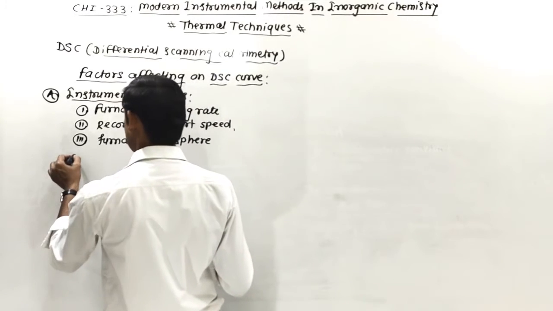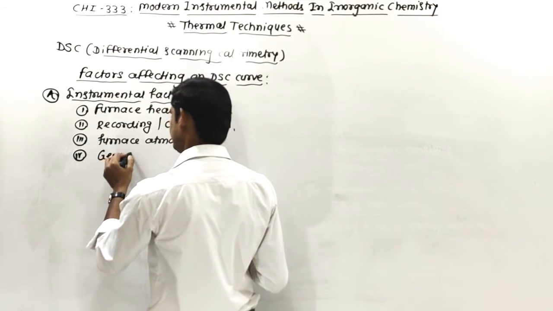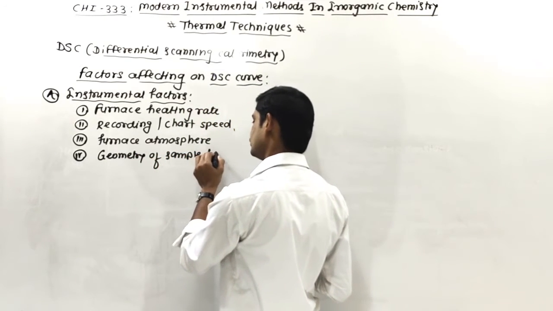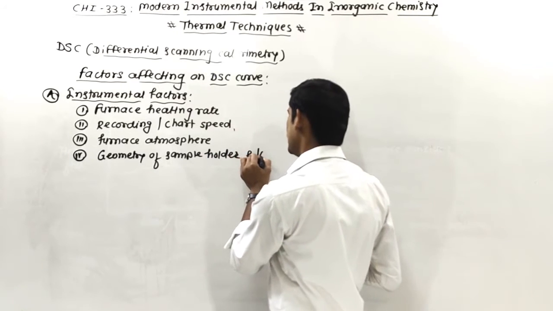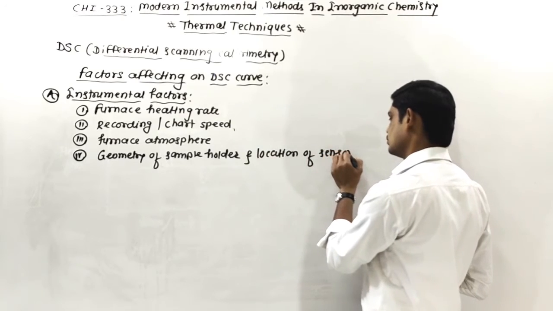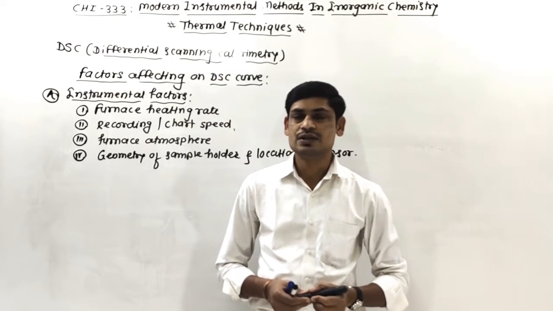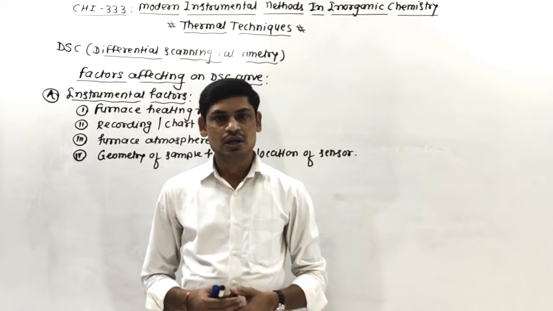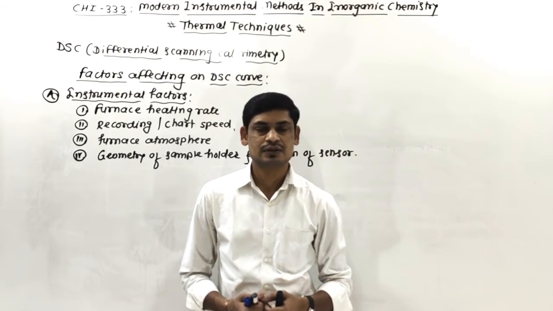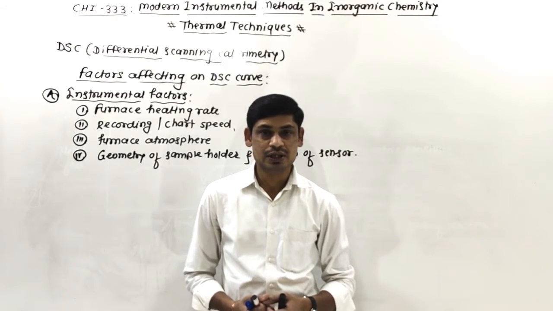Next factor is the geometry of the sample holder and location of a sensor. Geometry of the sample holder depends upon the type of analysis which we are going to carry out. If we are going to study the evolved gases, then obviously we should use a covered deep crucible.